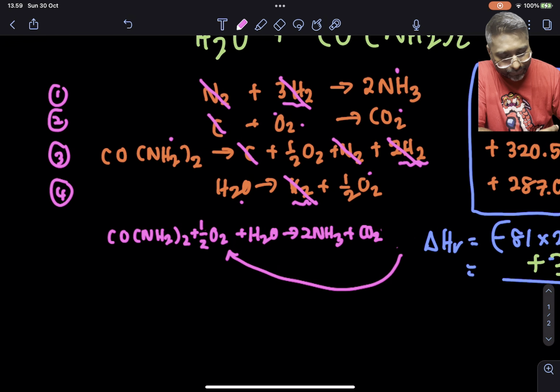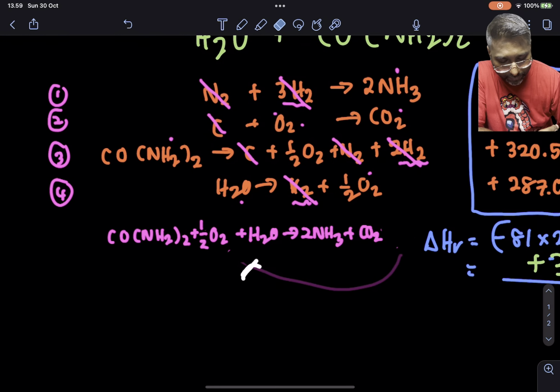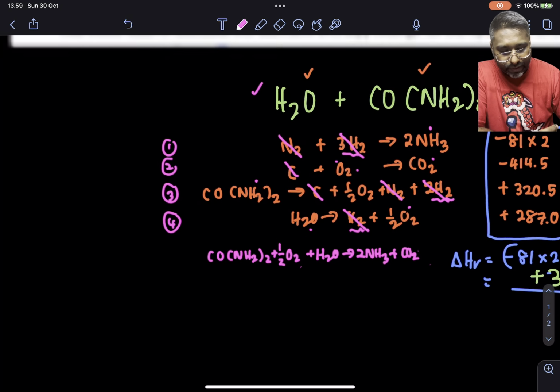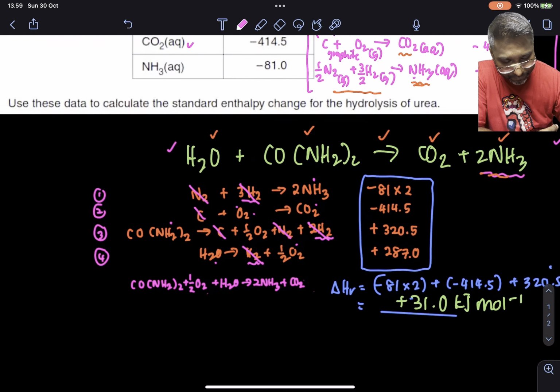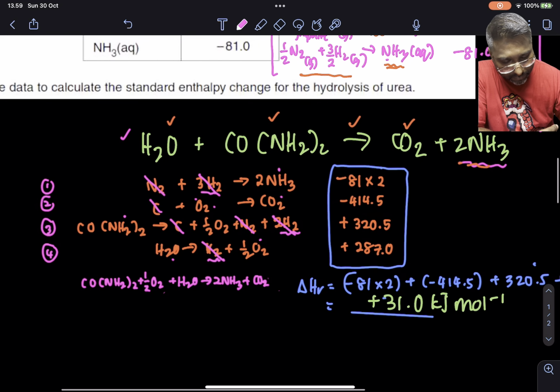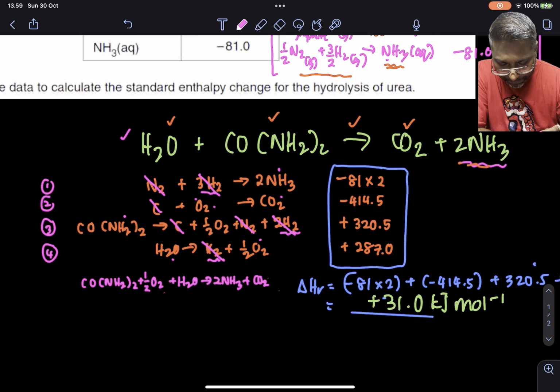So generally what we are going to have over here is the equation, which should be the same. You can see here, I think there's a mistake here.